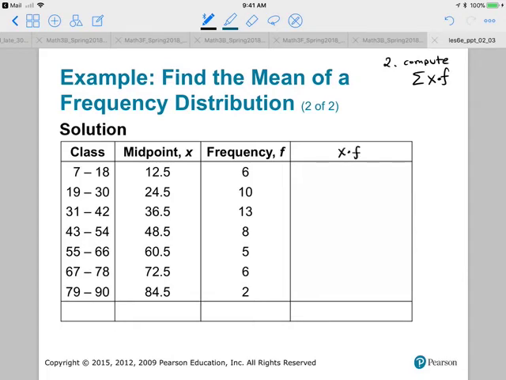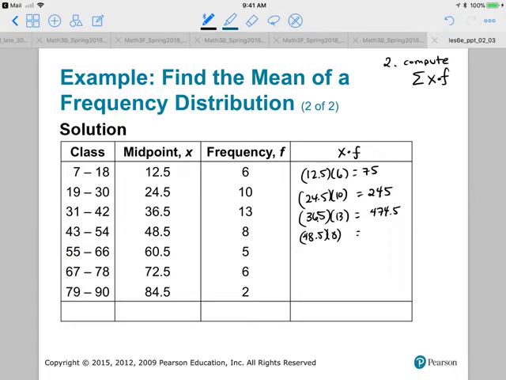So this is going to be x times f. 12.5 times 6 is 75. 24.5 times 10 is 245. 36.5 times 13 is 474.5. 48.5 times 8 is 388. 60.5 times 5 is 302.5. 72.5 times 6 is 435. And 84.5 times 2 is 169.